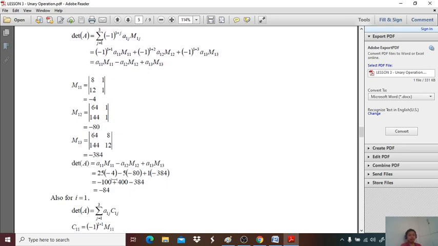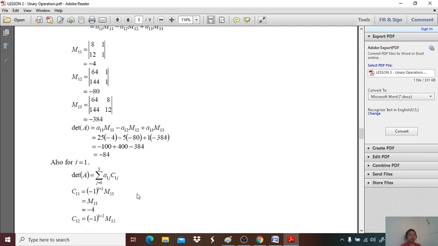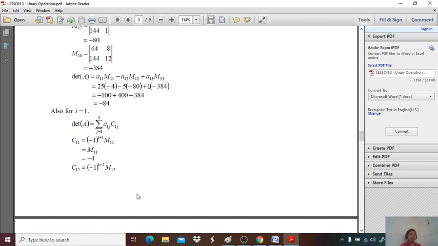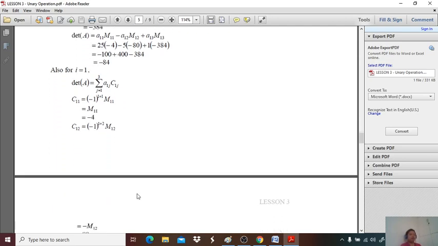Summing up, we have negative 100 plus 400 minus 384. So the resulting determinant is negative 84, the same as when you are using cofactor.